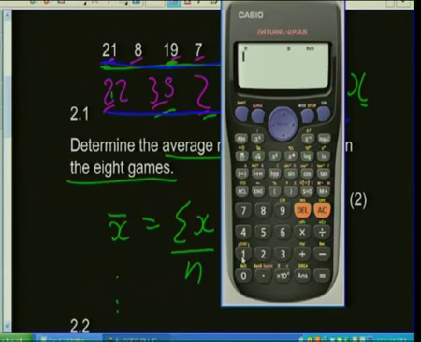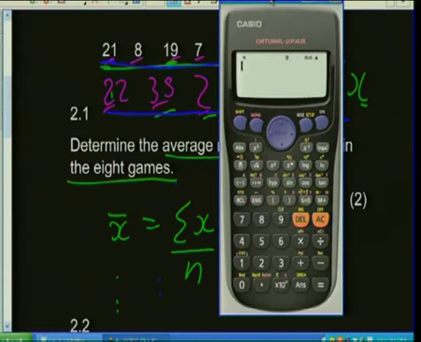So I want to add the sum of this. Okay, now let's add the numbers.